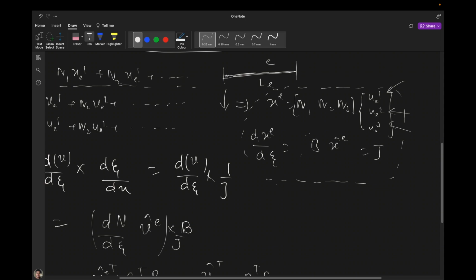I'm writing it with a hat here. What I am doing is assuming this is a vector, and this is nothing but the coordinate points. These three are scalars, and these three scalars are part of this vector. Okay, fine.